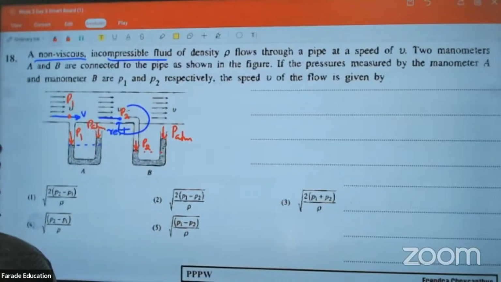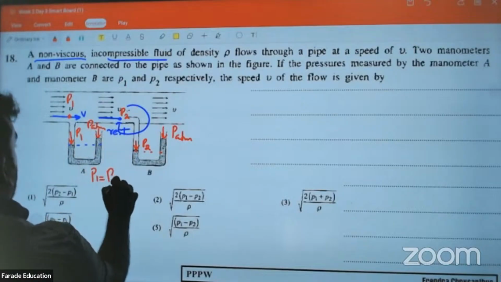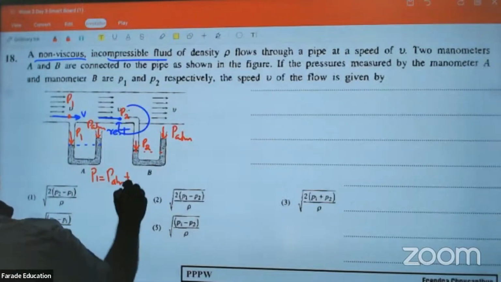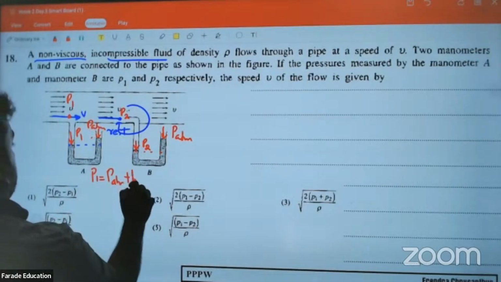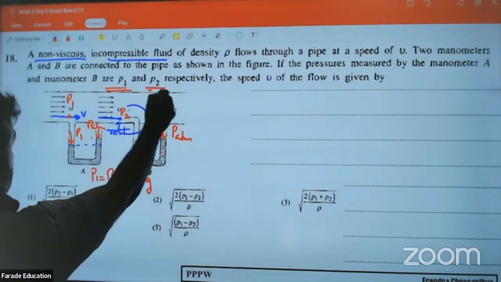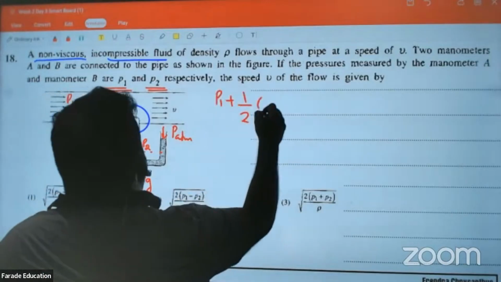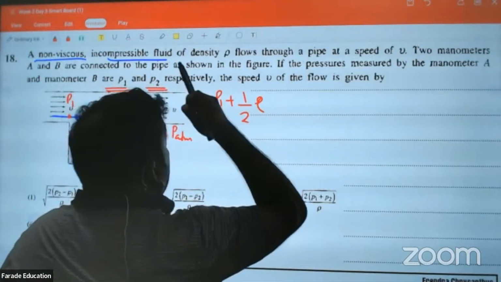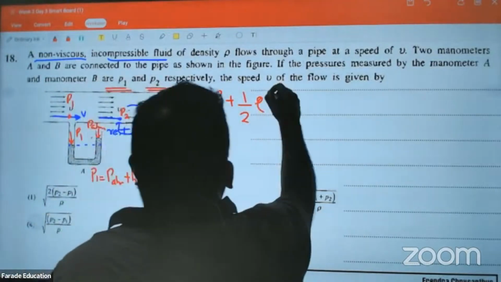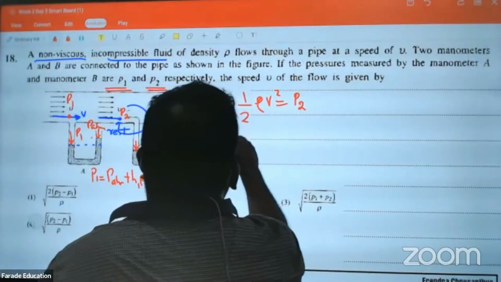They are giving you the pressures measured by A. The pressure measured by A is P1 equals PATM plus H1 rho G. So the pressures measured are P1 and P2. If you apply P1 plus half rho V squared equals pressure P2, at the stagnation point there is no velocity.